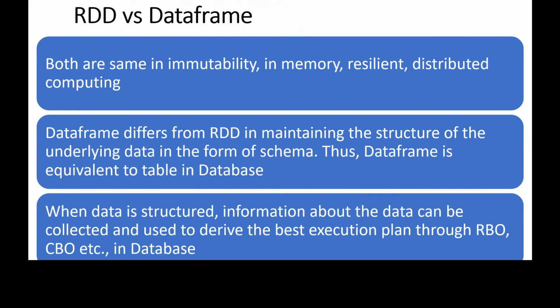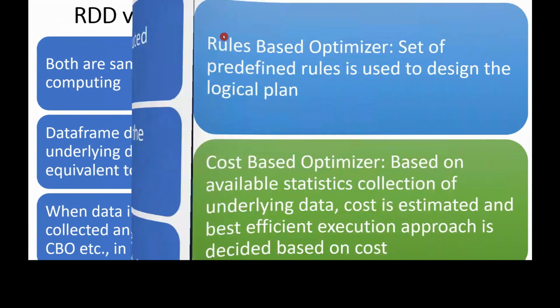These are the optimizers common across all the databases. Similarly, when we have a schema for a data set, performance optimization can be applied, because the schema contains the number of columns, the column names, and data types, so this kind of information is readily available. Based on that, the performance can be improved. But that is missing in RDD. That is the only reason there is no optimizer for RDD, but optimization can be applied for data frame and data set.